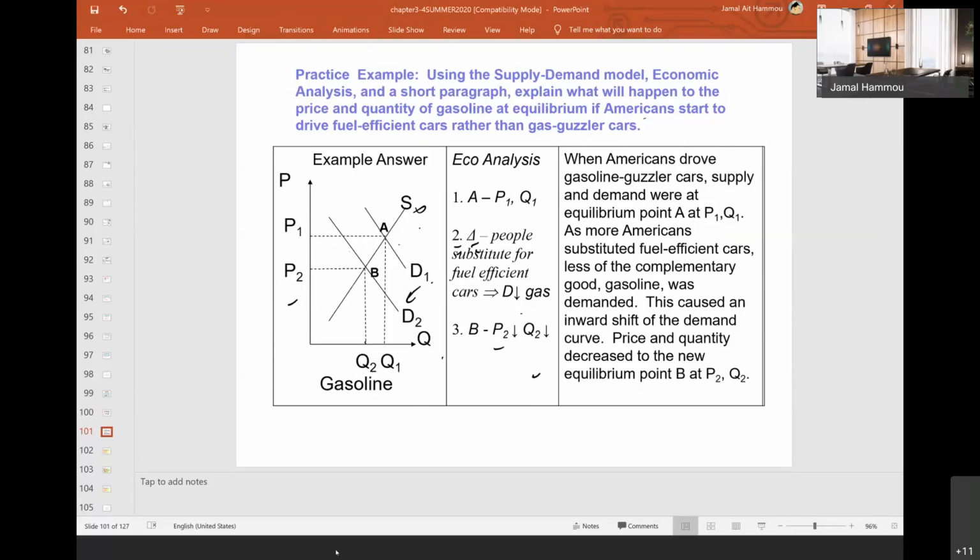Professor, how can you know, like A minus P1, how can you know if you have to put minus? No, this is not minus. Sometimes people, yeah, that's a very good point. Are you talking about this? This is just to say A. You can put an arrow, you can put 2 points here, just to show that A is the equilibrium point at P1 and Q1.